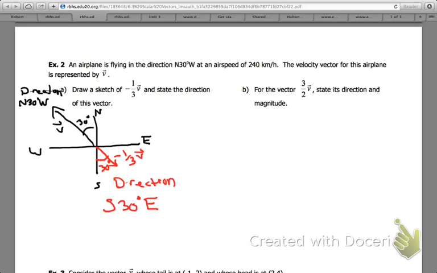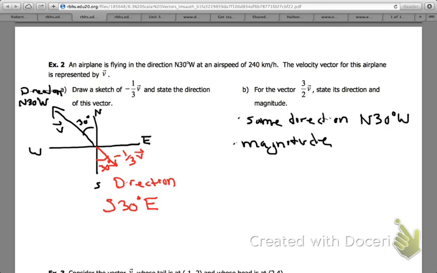Now part B, for the vector 3/2 vector v, state its direction and magnitude. So since it is positive, we know it has the same direction, which is north 30 degrees west. And the second part here, finding our magnitude.